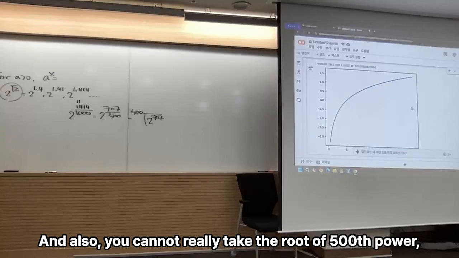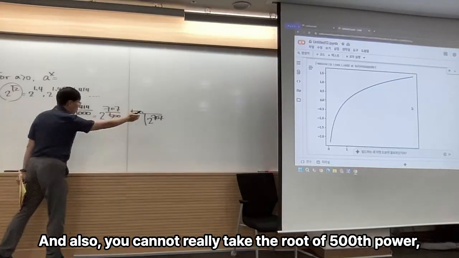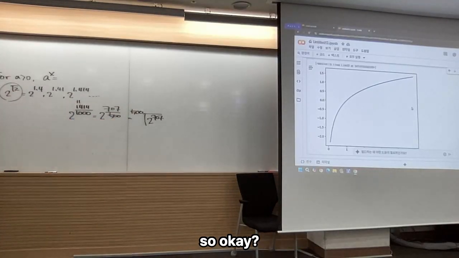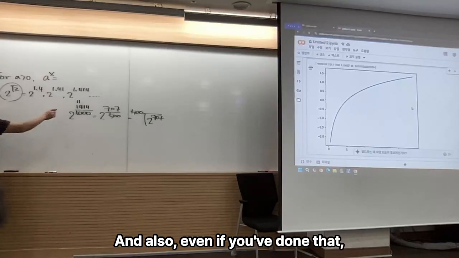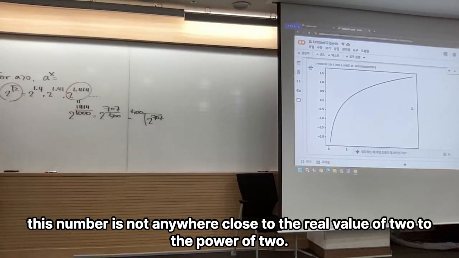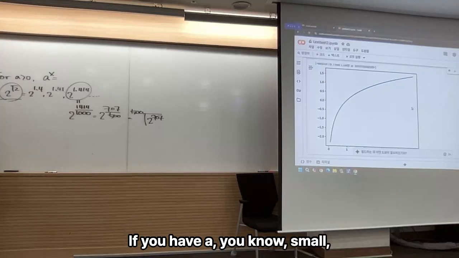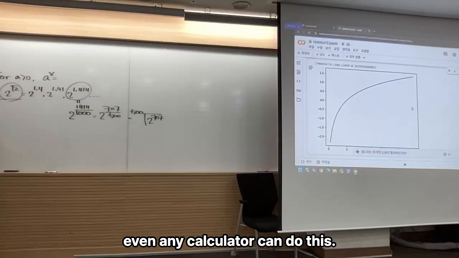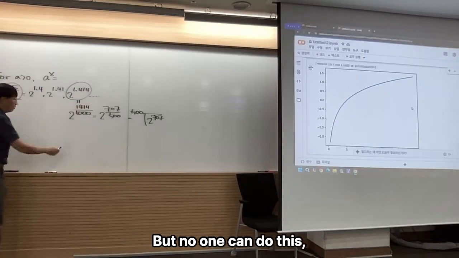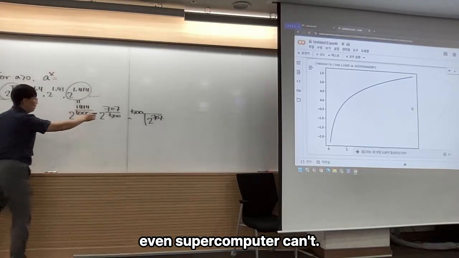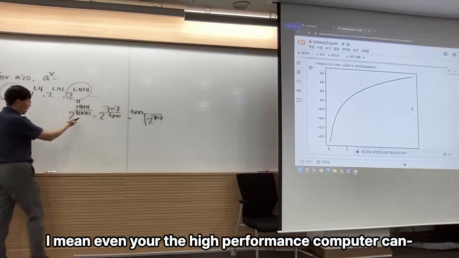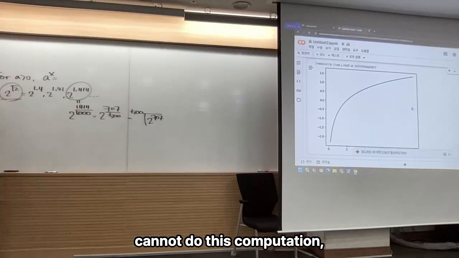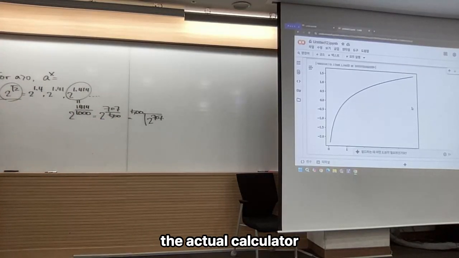And also, you cannot really take the 500th root. And even if you've done that, this number is not anywhere close to the real value of 2 to the power of square root of 2. Even a supercomputer, even a high performance computer cannot do this computation. So this is not the way the actual calculator computes this number.